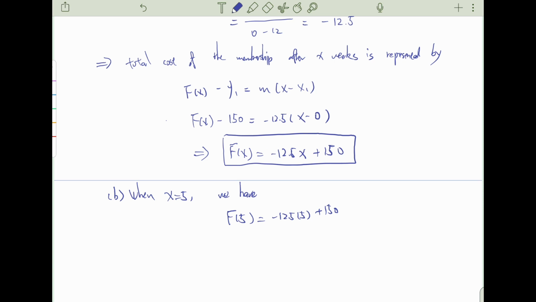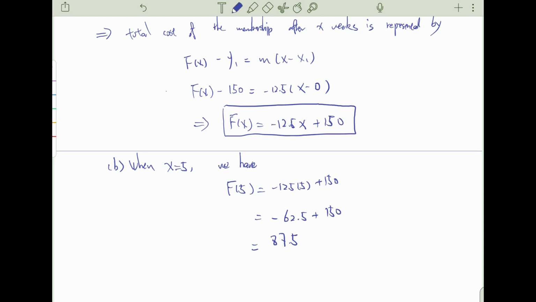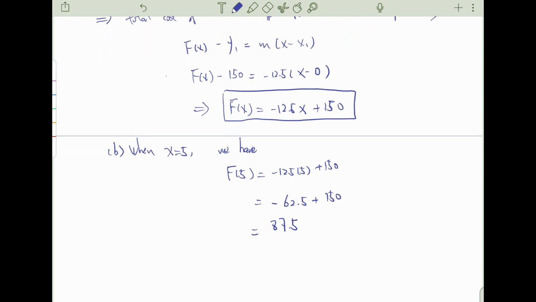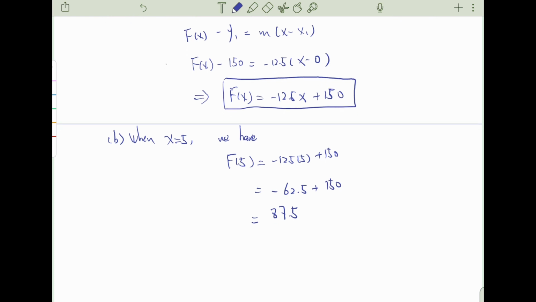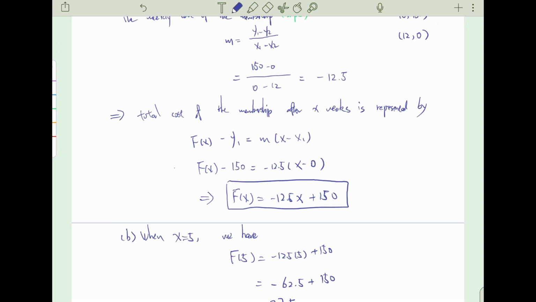Okay, so that is negative 62.5 plus 150, which is equal to $87.5. Okay, so after 5 weeks, the price is gonna be depreciated, and it's only now $87.5. That is question B. Plug in, straightforward.